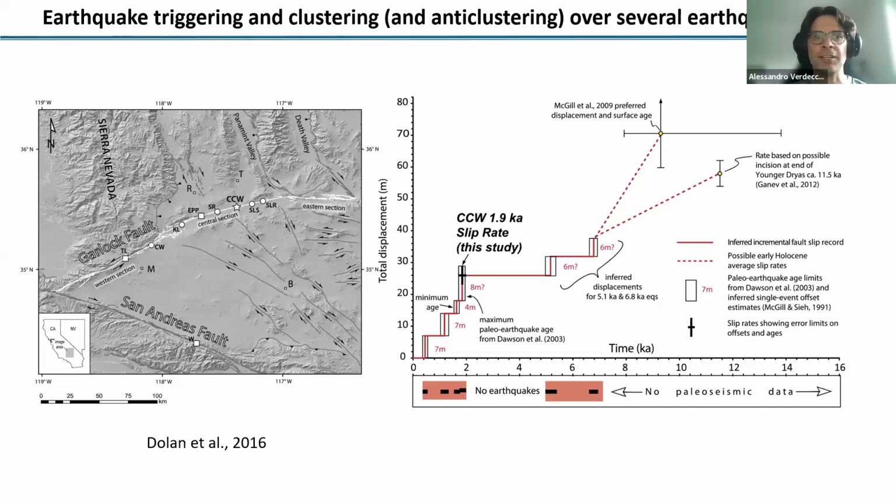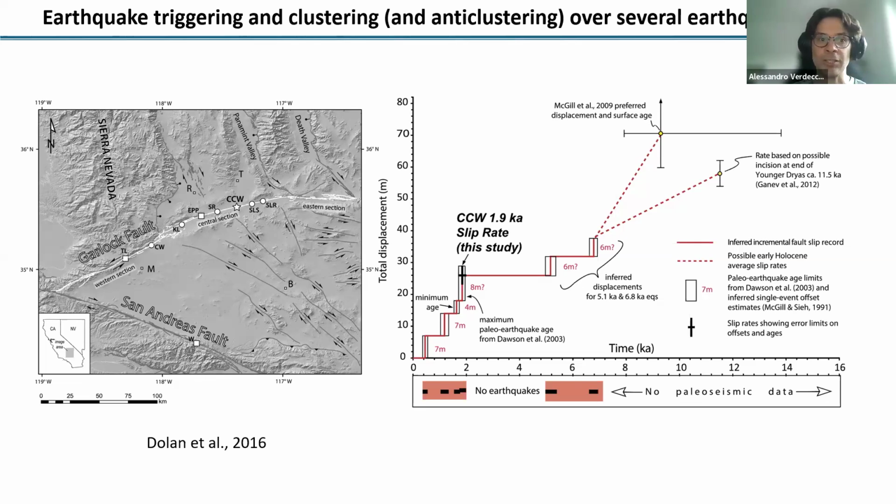In this specific case, the Garlock fault is super interesting because, for example, what I was saying is what slip rate we consider in seismic hazard for the Garlock fault. The long-term one, or the one associated with the most recent events: if we choose one option or another, the seismic hazard changes a lot.